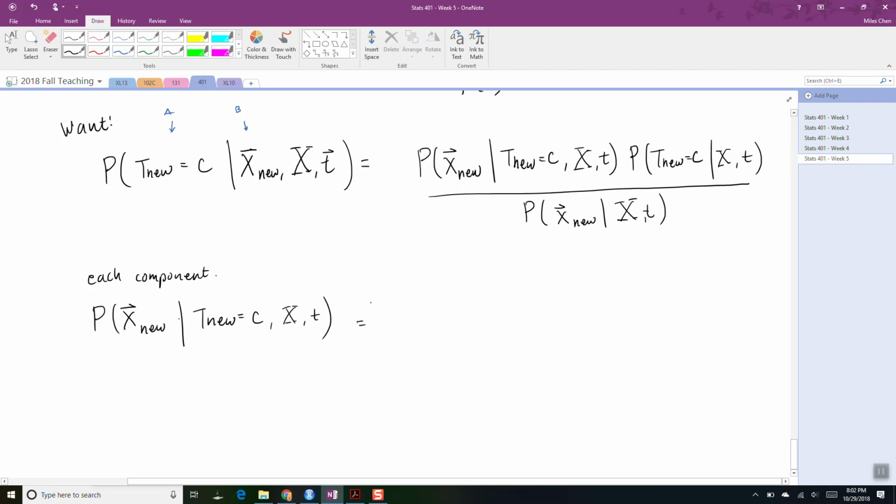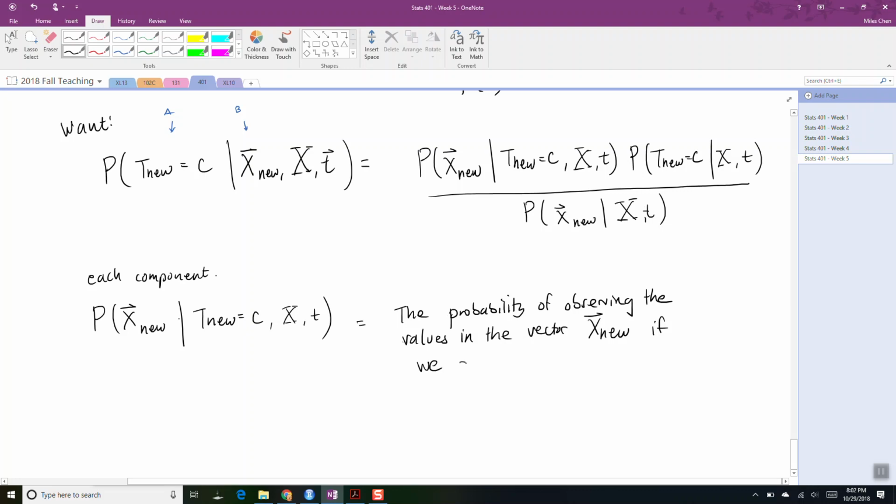This is going to be the probability of observing the values in the vector x nu, if we pretend, or if we suppose, that the observation belongs to class C.